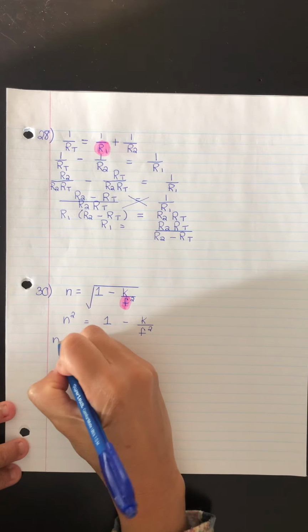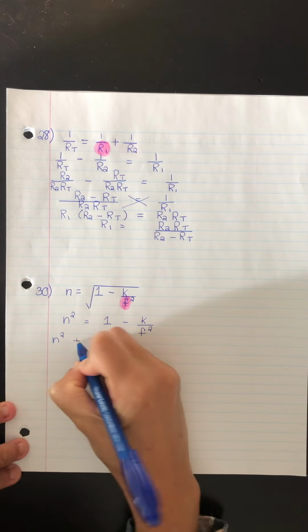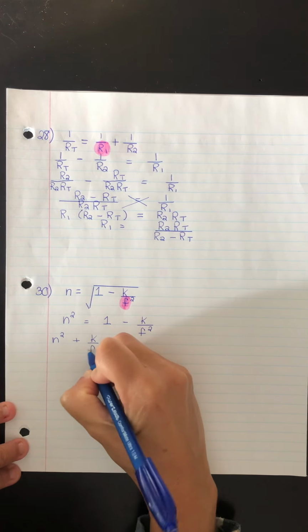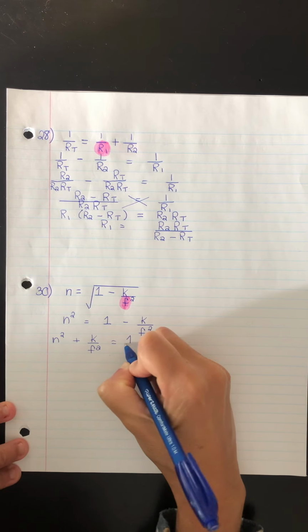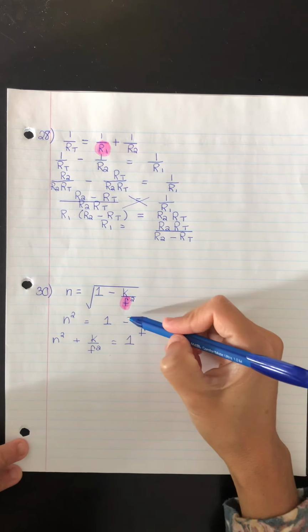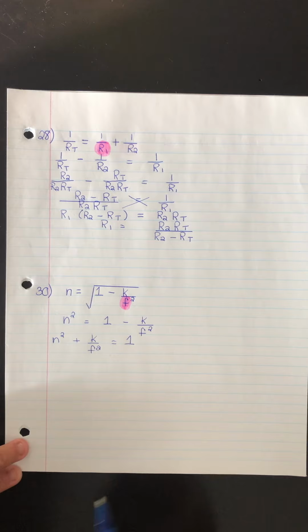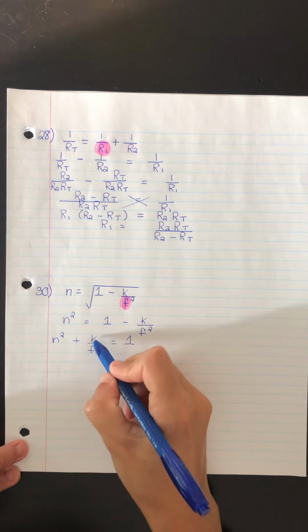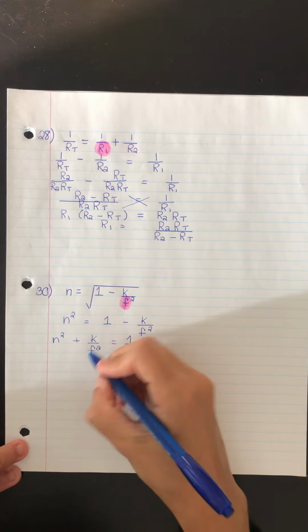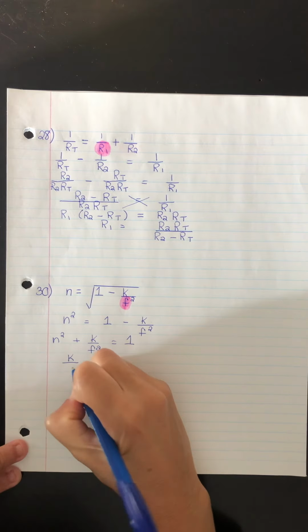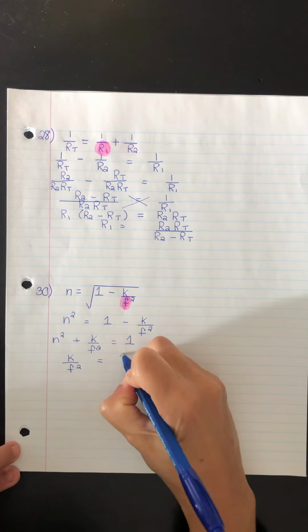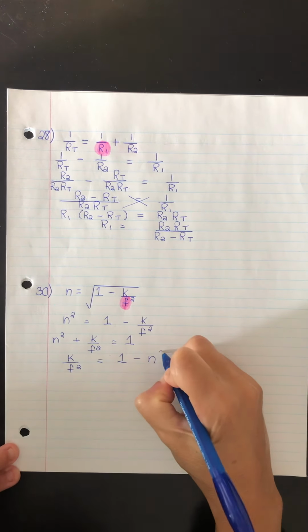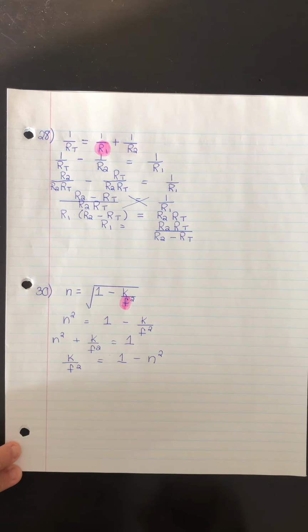So like this, n squared plus k over f squared is 1. Okay, so from subtraction to addition. And now continue to isolate this term by subtracting n squared. So k over f squared is 1 minus n squared, like that.